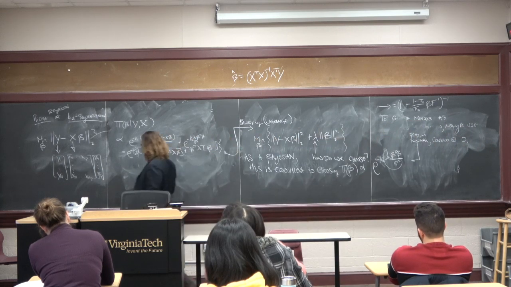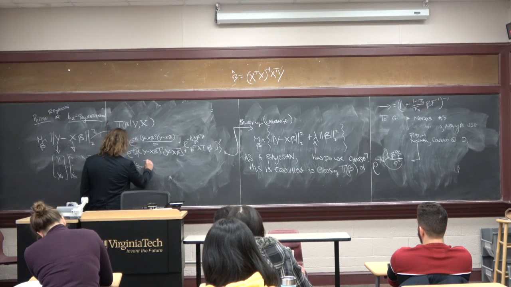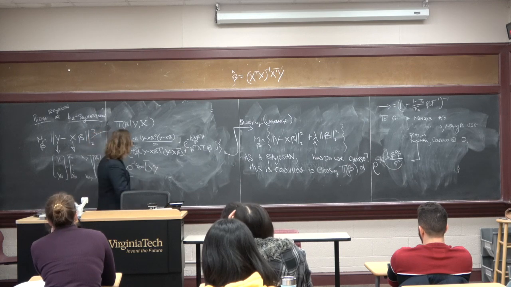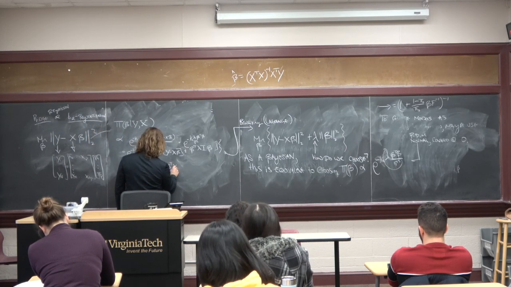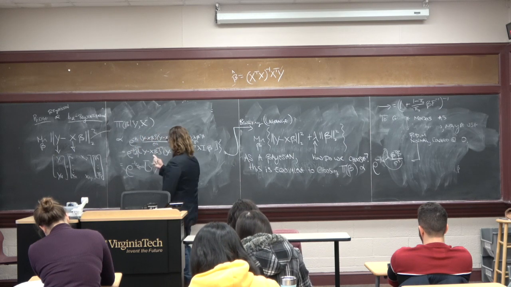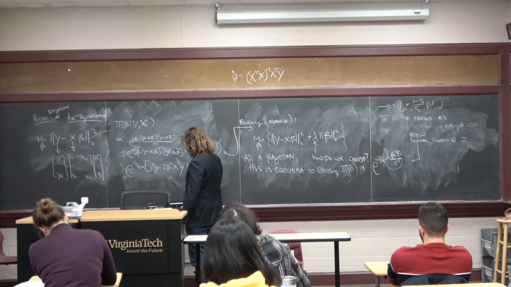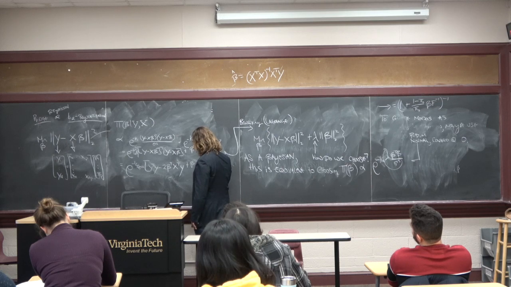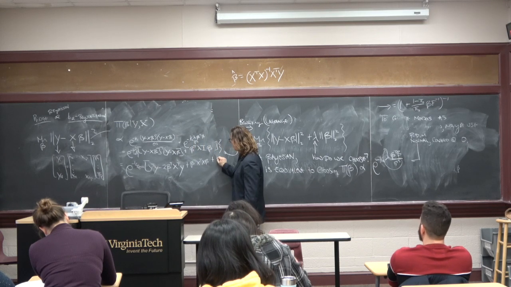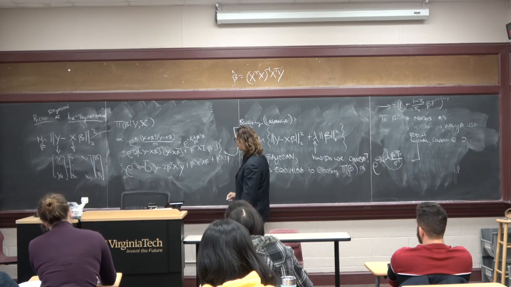I can just rewrite this, e to the minus 1/2 sigma squared, y transpose y, that term doesn't tell me anything, minus 2 beta transpose x transpose y, there were 2 of those in the cross term, plus beta transpose x transpose x beta, plus beta transpose lambda I beta.